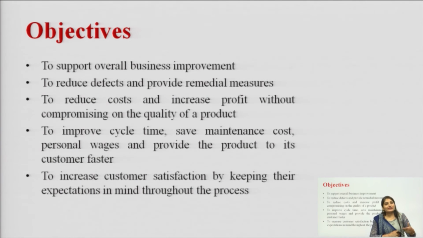Then there will be a reduction in the cycle time. There is no need to rework on one product from time to time. So, there will be an improvement in the cycle time, maintenance cost and personnel wages will be saved, and we can provide our product to the customer faster.